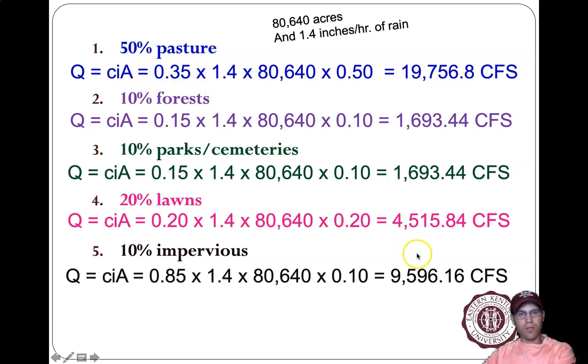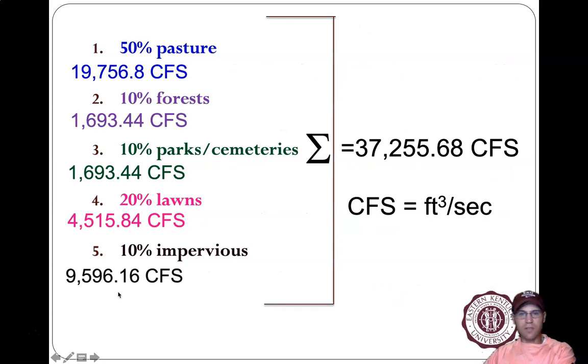So, just important to take notice of that. So the impervious really had a big impact given it's 10%, because so much of it actually stays on the ground. So that's just how the rational equation is done.